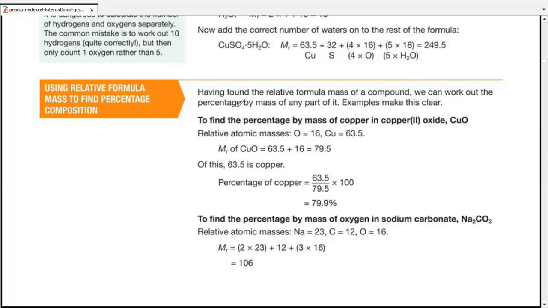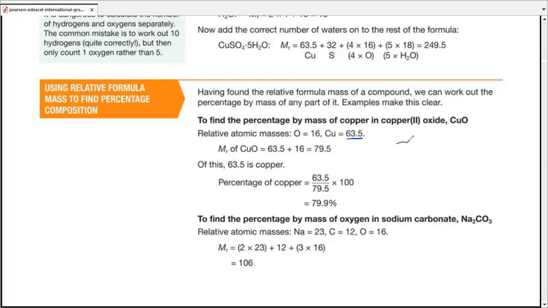So for the percentage of a specific element out of a whole compound, it's pretty easy. Take that specific element's mass, no matter how many atoms are present over there, take the whole element's mass, divide it by the MR, and multiply it by 100.